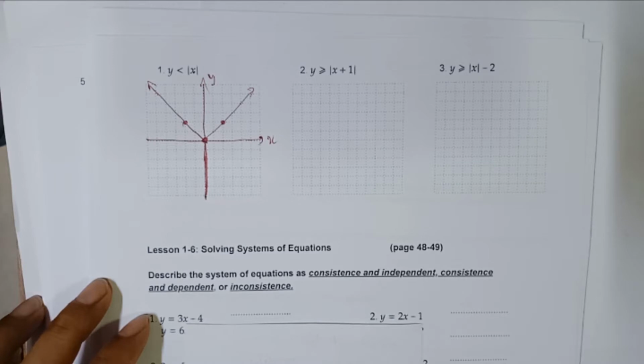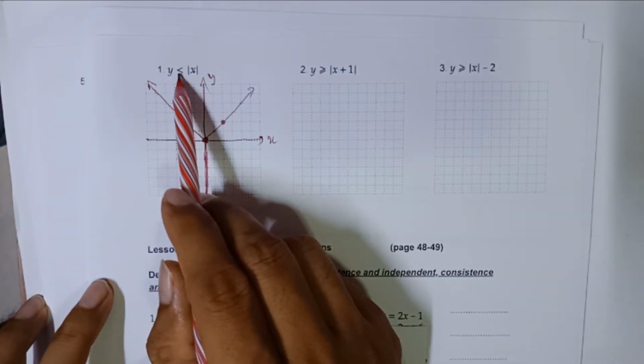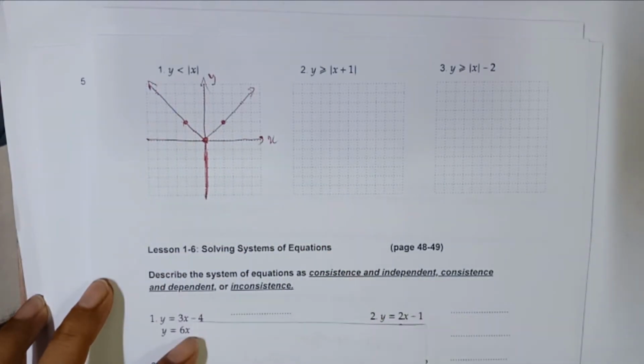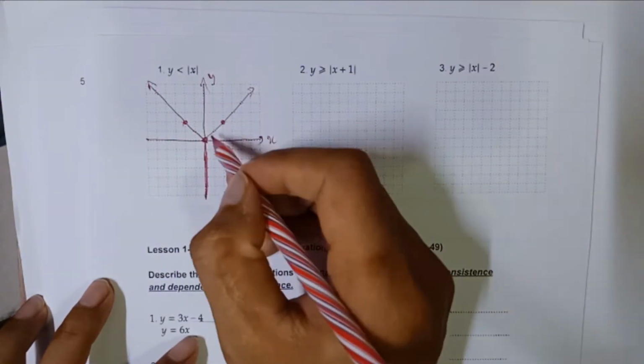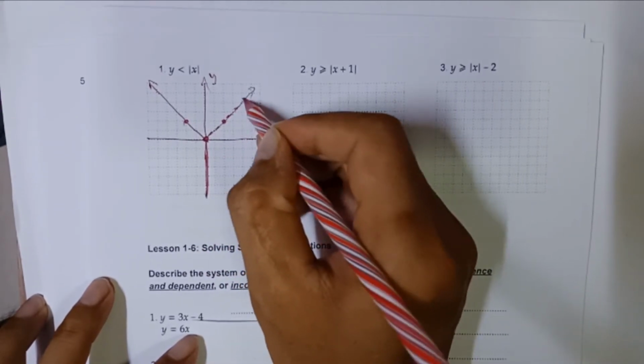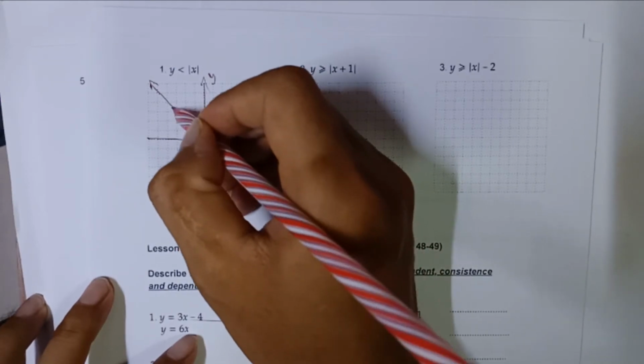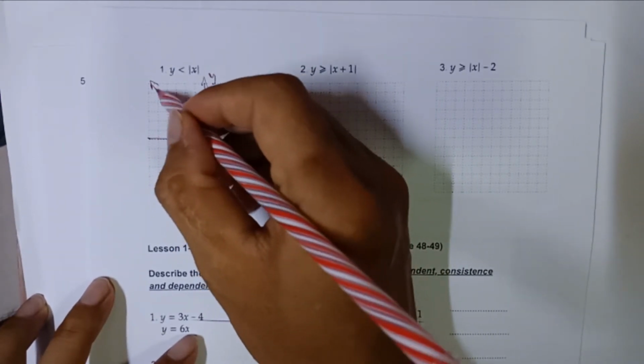Now, how do we do the shading? Same idea. Y is less than, so this is a dashed line also. I should tell you, dashed. This is a dashed line. Make sure you check on that.